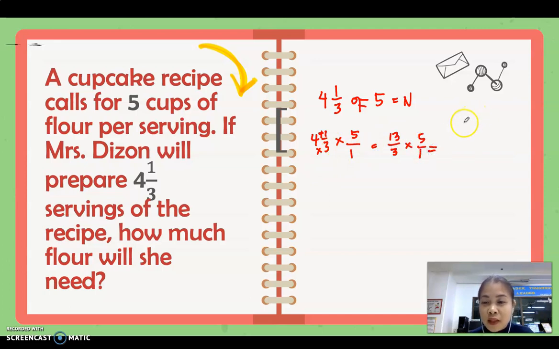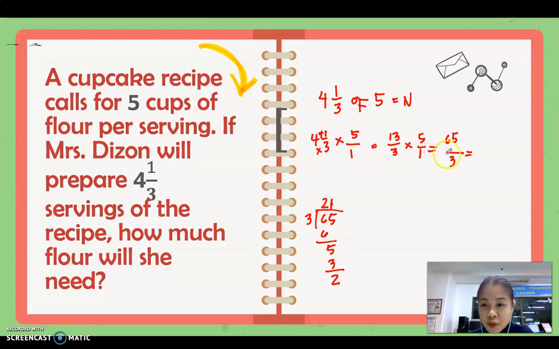Then multiply the numerators. That is 65, and then over 3. Since it's an improper fraction, then you're going to change it into a mixed number. So 65 divided by 3 is 21, remainder 2.